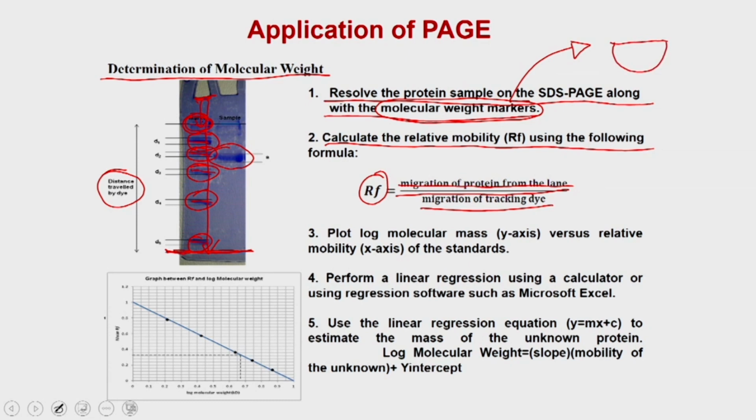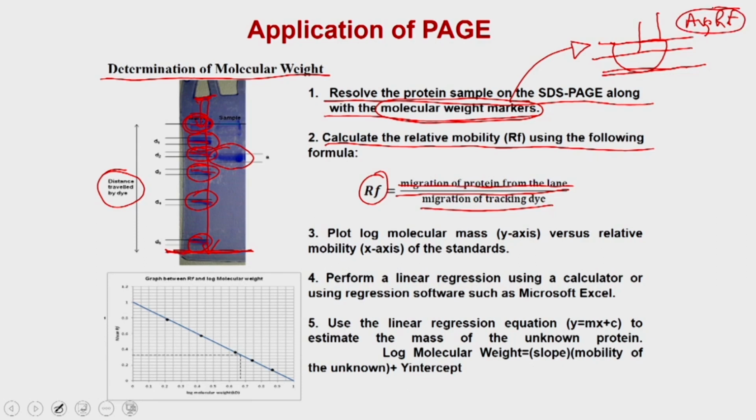Many times students are confused about which point to take for this protein. In those cases, either you take the center of the band and measure the values, or the best approach is to take the value from the top and the value from the bottom, and then use the average Rf value or average distance of these two.